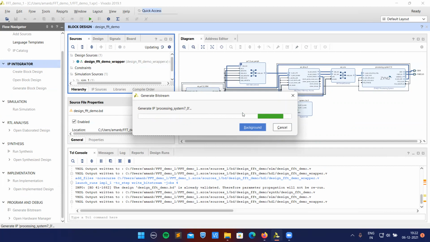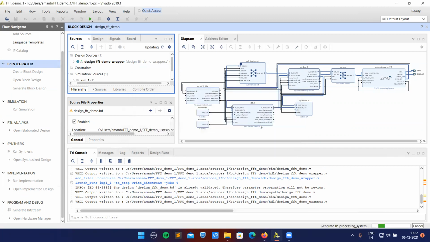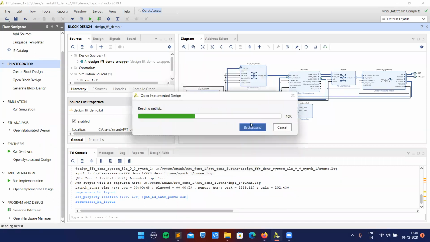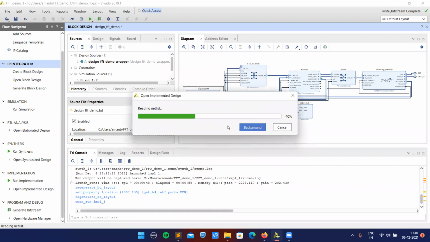Now we'll cut to the part of the video when the bitstream is generated. Now the bitstream has been generated, and we can see the implemented design.